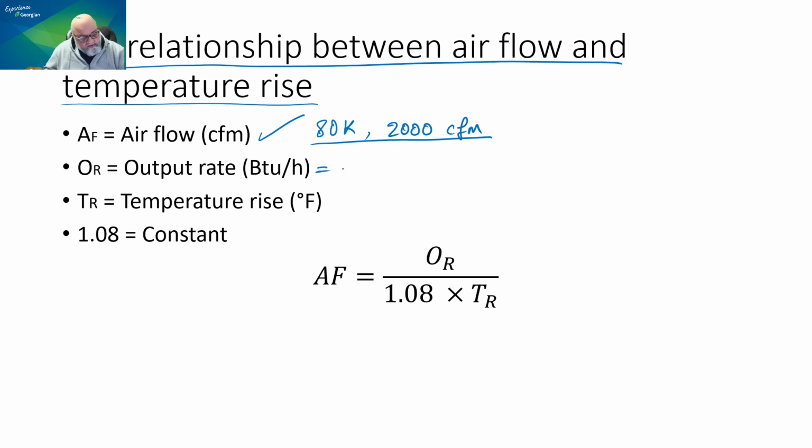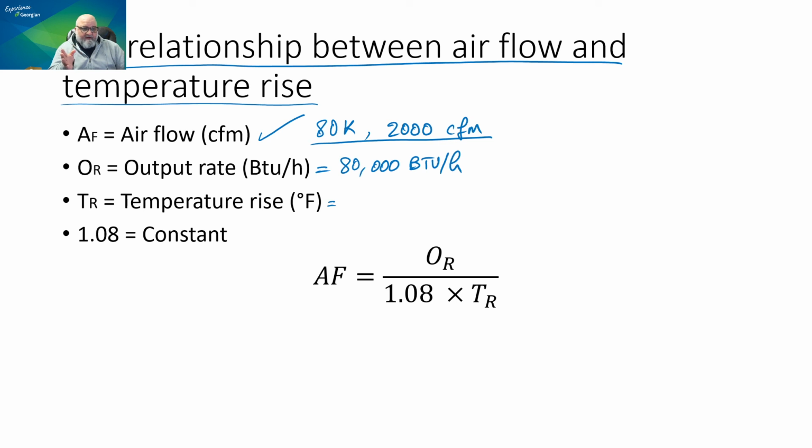All right, so this is 80,000 BTUs per hour. Perfect. Temperature rise. Where do you see the temperature rise, and what on earth is temperature rise? Well, first of all, there is a design temperature rise and there is measured temperature rise. So for example, if you look at any rating plate of a furnace, you're going to see that there is a design temperature rise.